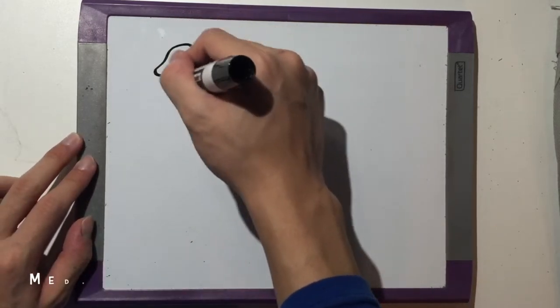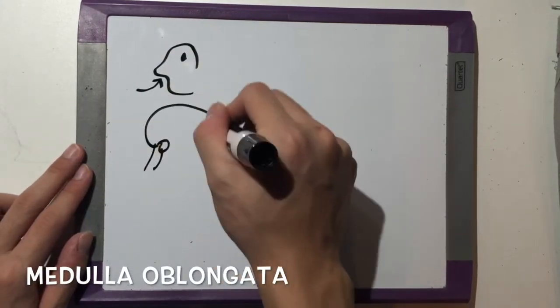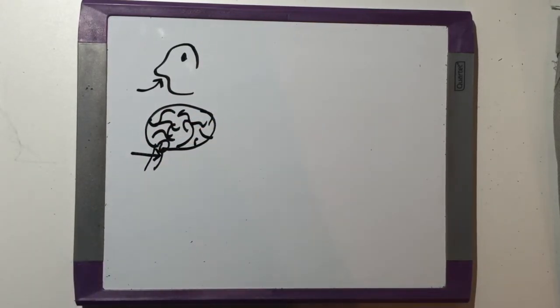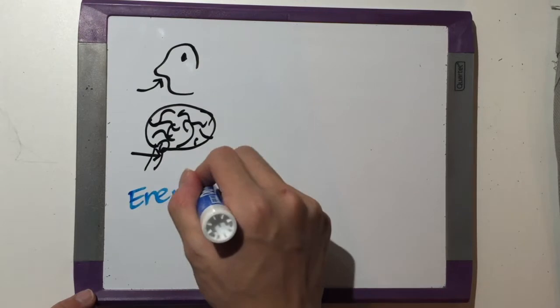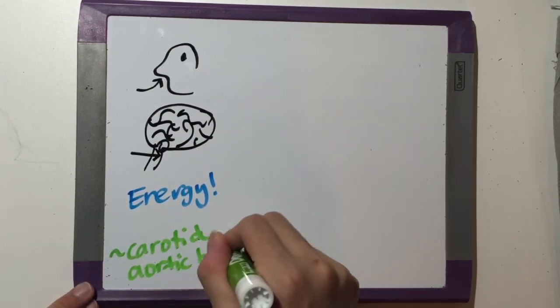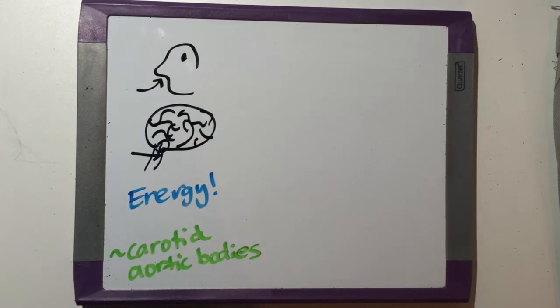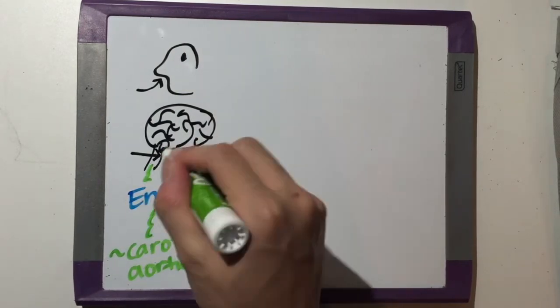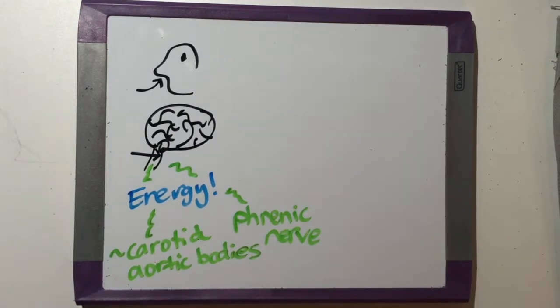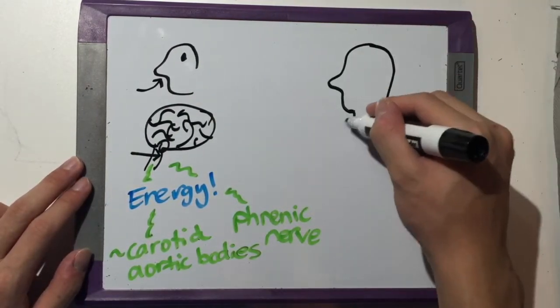Our inspiration phase is controlled by the medulla oblongata. This phase requires the input of energy. When sensors, known as carotid and aortic bodies, sense high CO2 levels inside the blood, they send impulses to the medulla oblongata. Then, it sends an impulse down the pharyngeal nerve to contract and flatten the diaphragm.